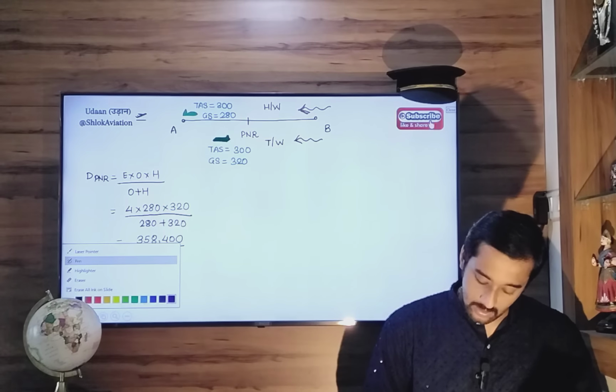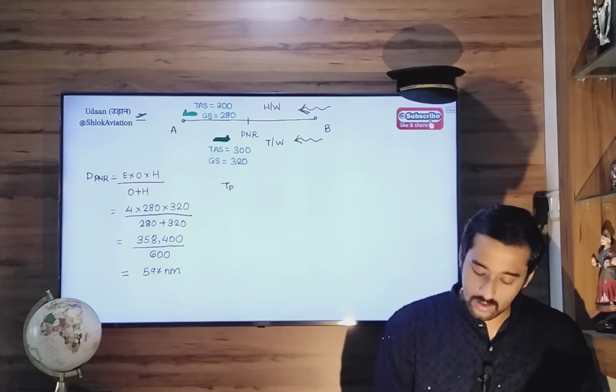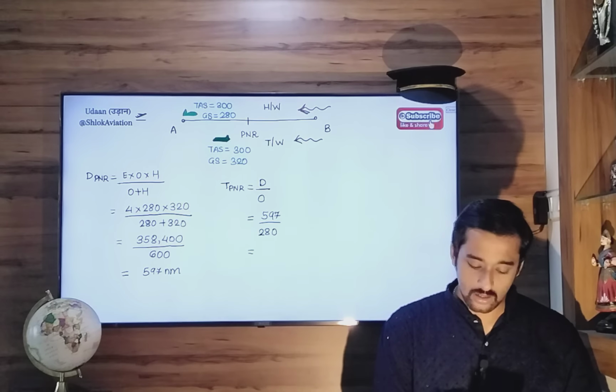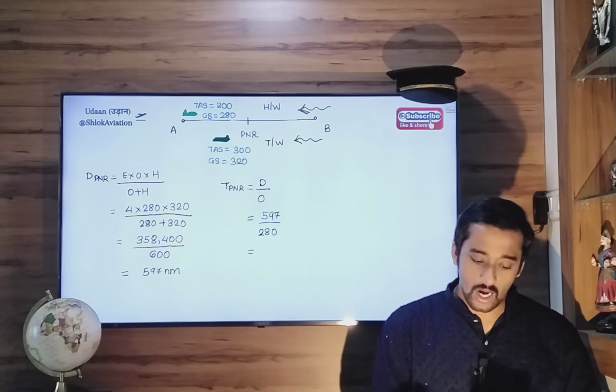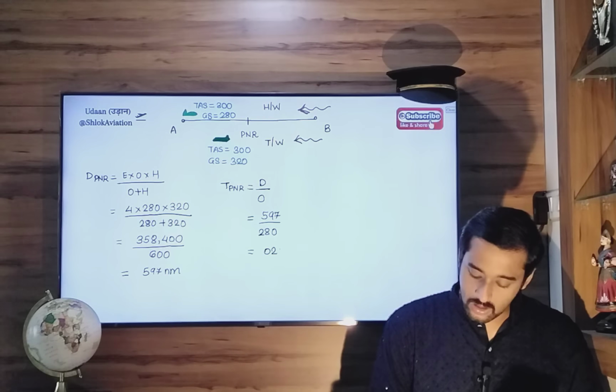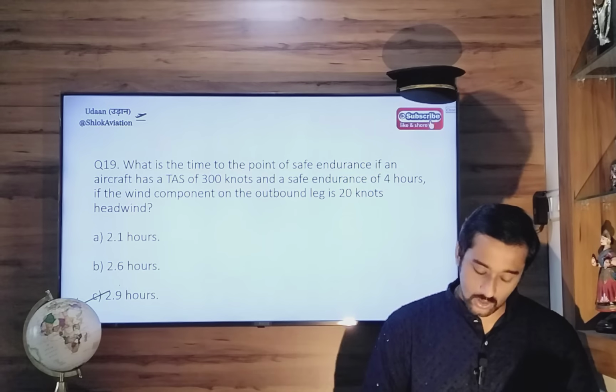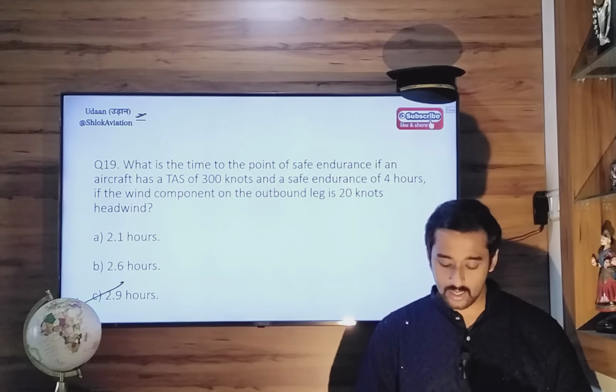Time to PNR will be distance to PNR divided by outbound ground speed. So 597 divided by outbound speed 280 knots. 2 hours 8 minutes. The closest option here is option Charlie.